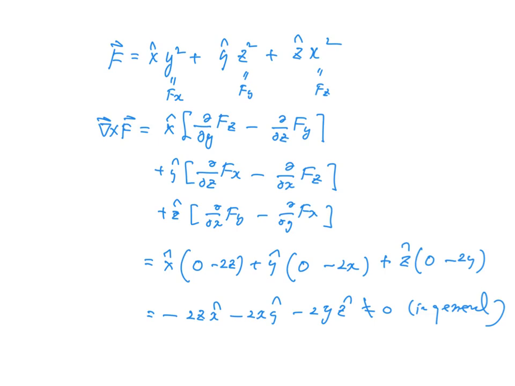The function is y squared, z squared, x squared. Same as the previous result? This one gives 2z, 2x, 2y. Oh, not the same.